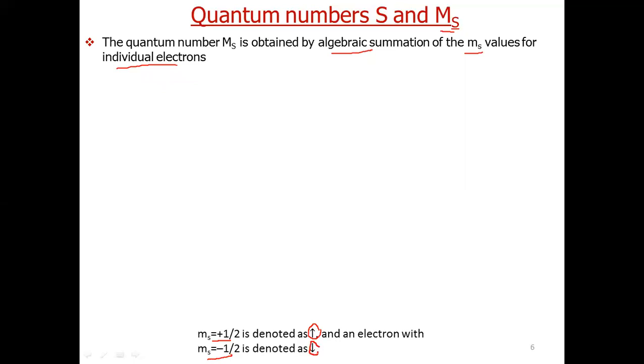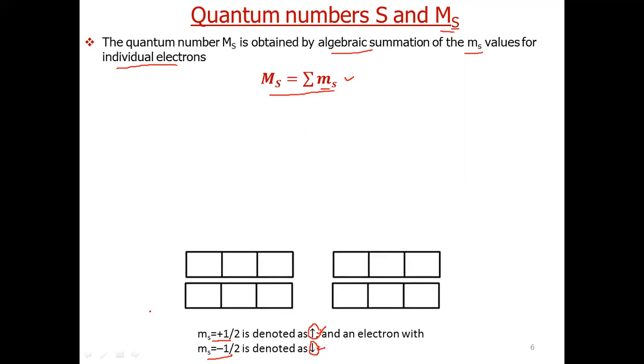So in our coming slides, instead of plus half we will denote it by an upward arrow, and minus half by a downward arrow. Similarly, MS is calculated by the formula summation of small ms. Now, let us try to apply this formula to some cases.